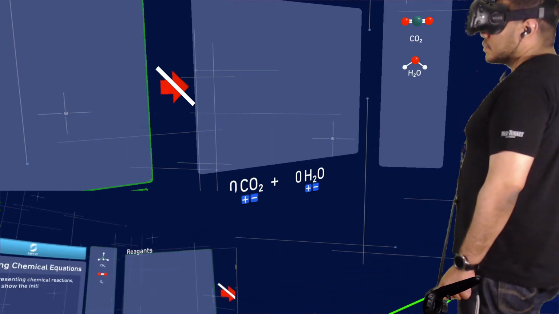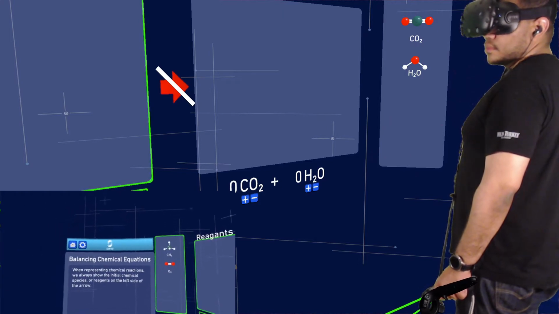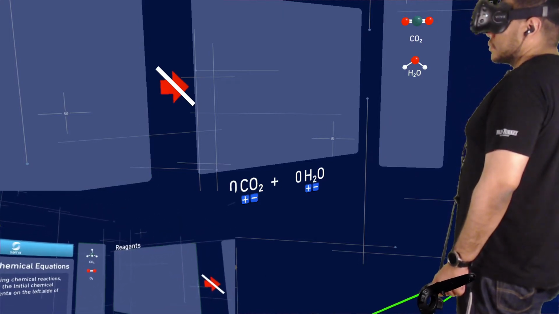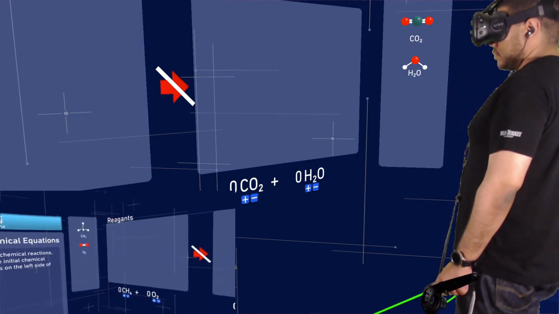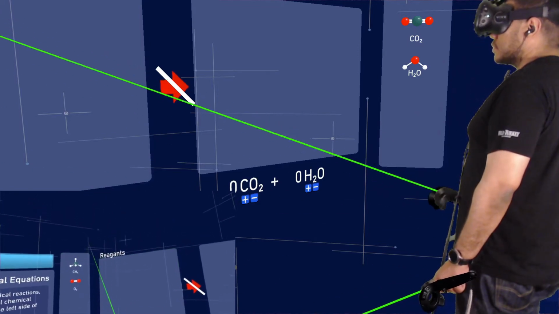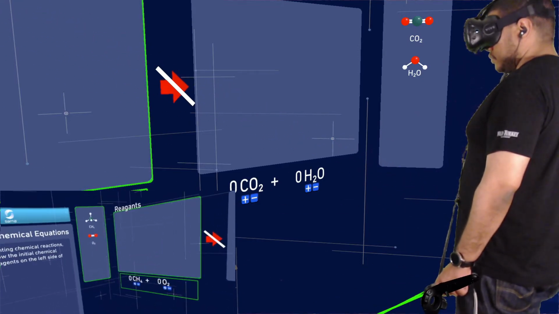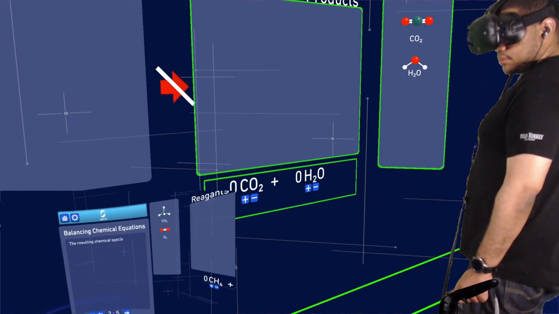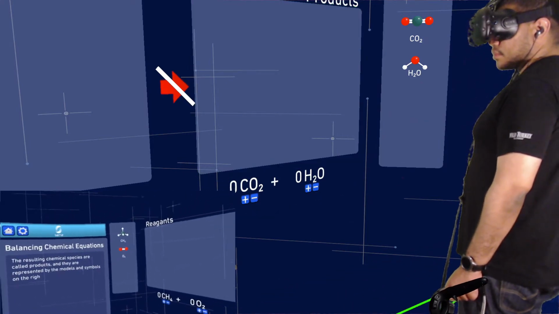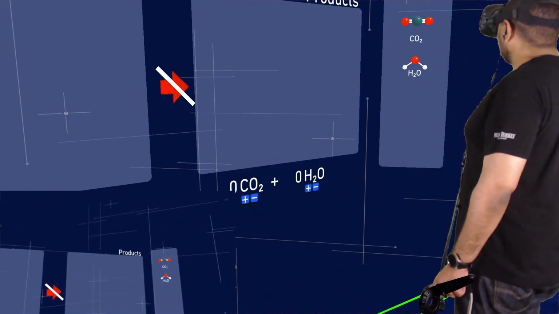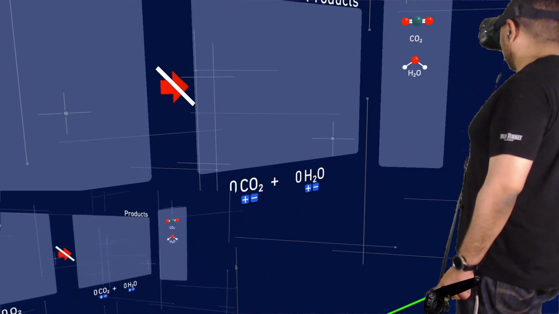When representing chemical reactions, we always show the initial chemical species or reagents on the left side of the arrow. The resulting chemical species are called products, and they are represented by the models and symbols on the right side of the equation.